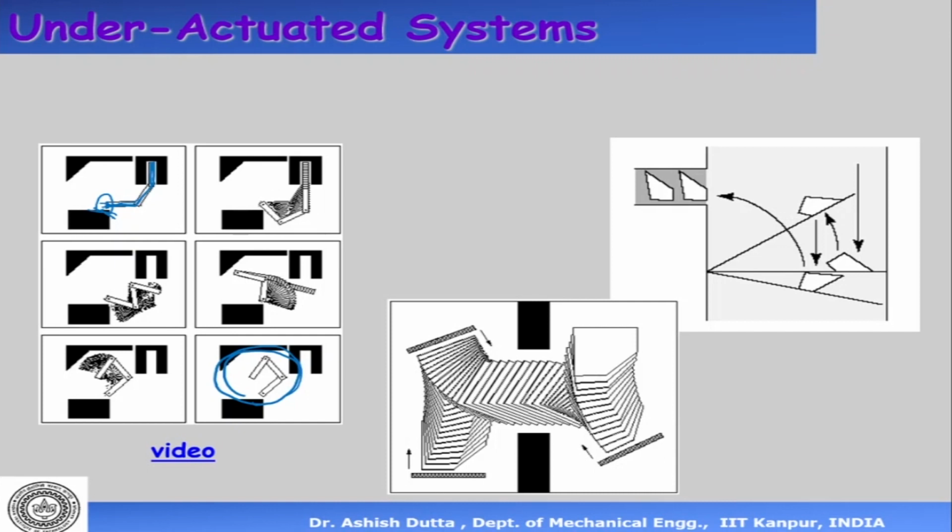Okay, so now in those 3 degrees of freedom, there might also be joints which are not actuated. They are under-actuated systems. Now that becomes an even more challenging problem. For example, I have a 3 degree of freedom system like this. So there is 1 degree of freedom here, 2 here, 3 here. Now suppose there is no actuator on joint number 3. No motor is there, it's free. If you are wondering how it will move, simply by moving this, because of the dynamics, I can move that one.